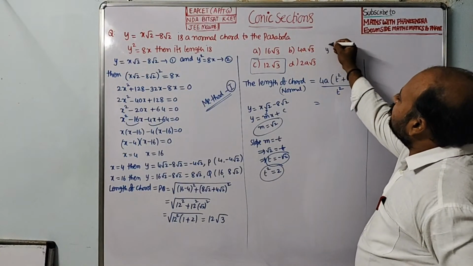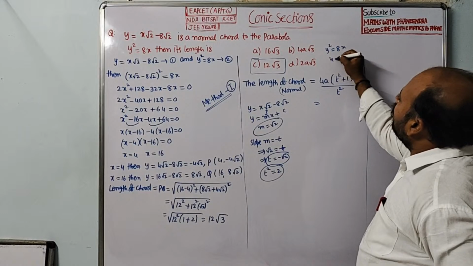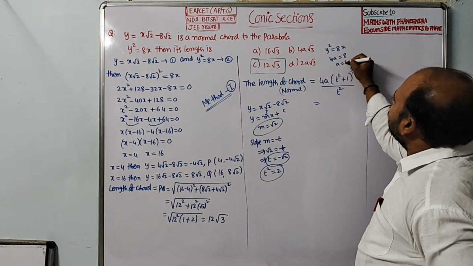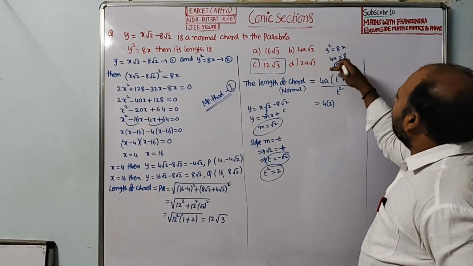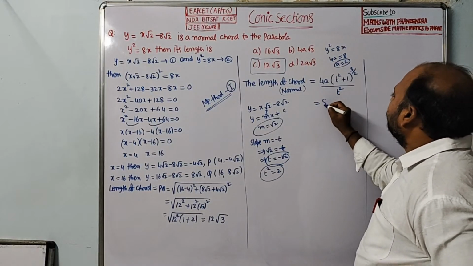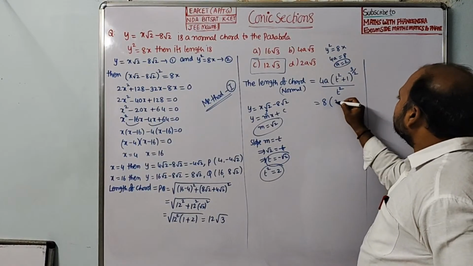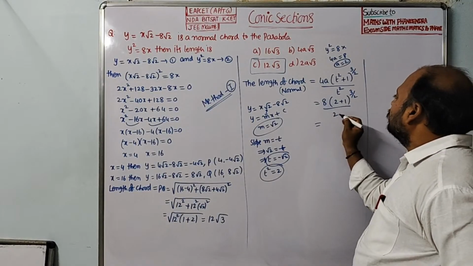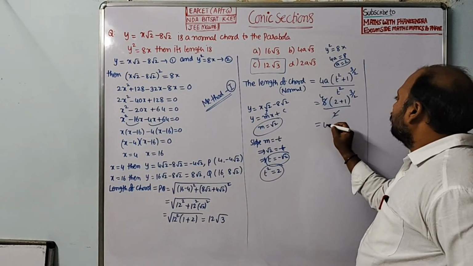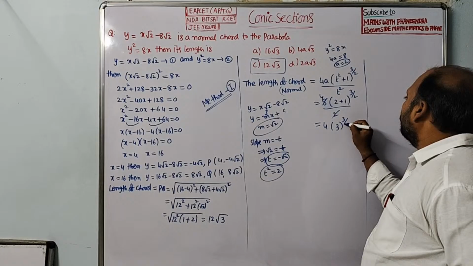And y square is equal to 8x. So 4a is equal to 8, a is equal to 2. So substitute in this 4 into 2. Otherwise 4a directly you can write as 8. T square value 2 plus 1 whole power 3 by 2 divided by t square value 2. 2 ones, 2 fours. 4 into 3 power 3 by 2.